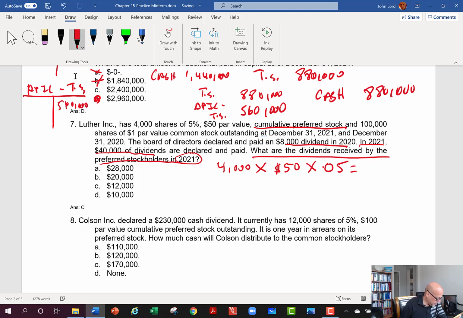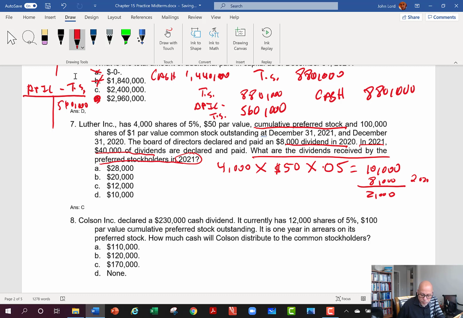So in any given year, they're supposed to pay 10,000. Now they tell me that in 2020 they paid 8,000.